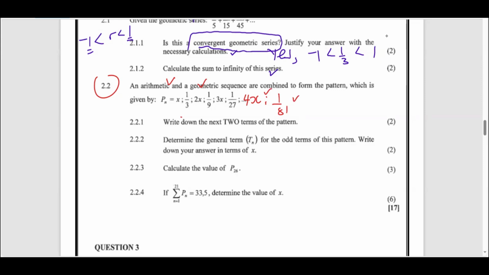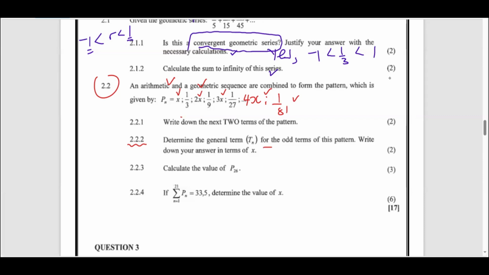Then 2.2.2. They want us to get the general term here for the odd terms of the pattern. Now we know that odd numbers are basically numbers that will give you a remainder. So we're looking at the x, 2x, 3x, and so on. They want the nth term of the arithmetic.